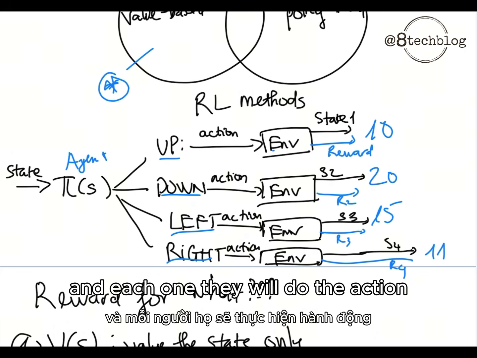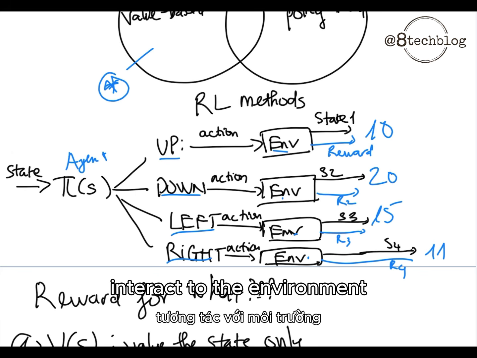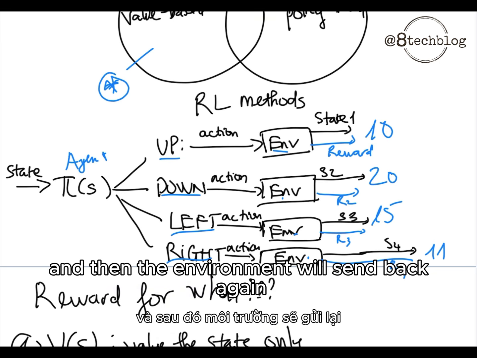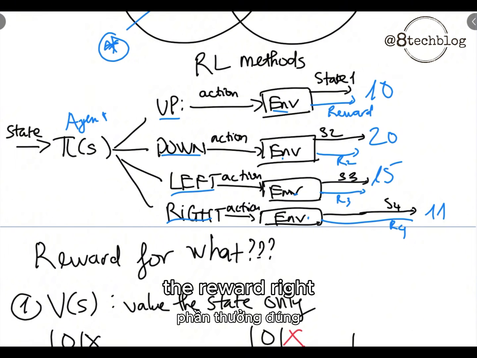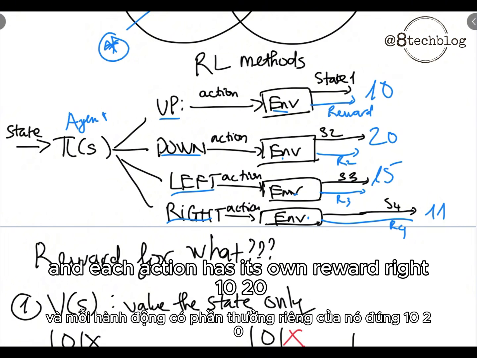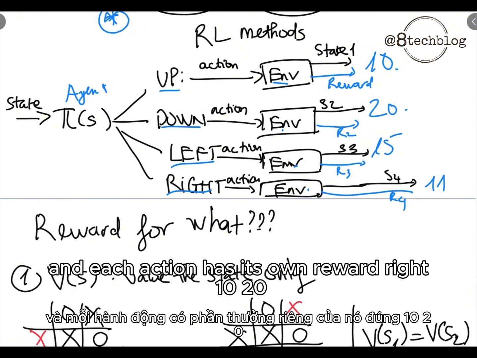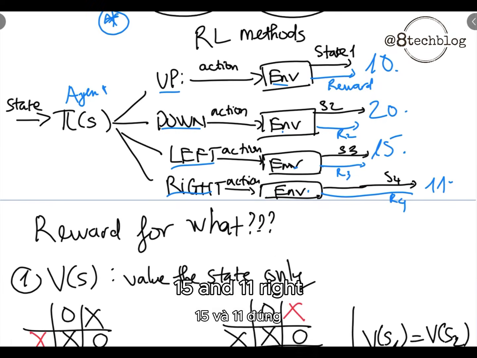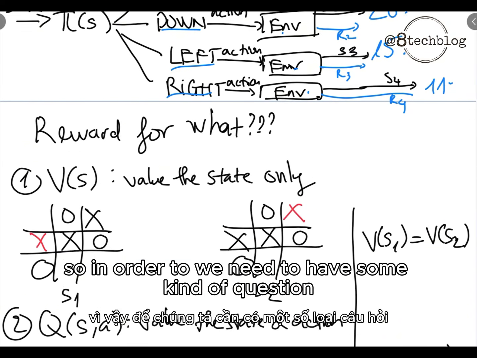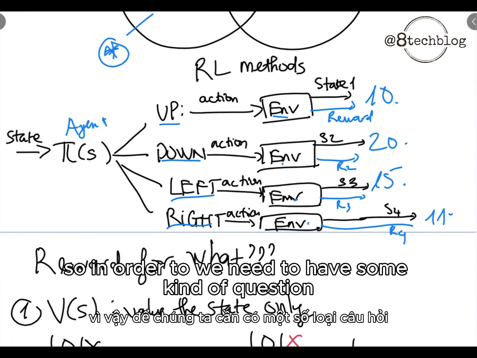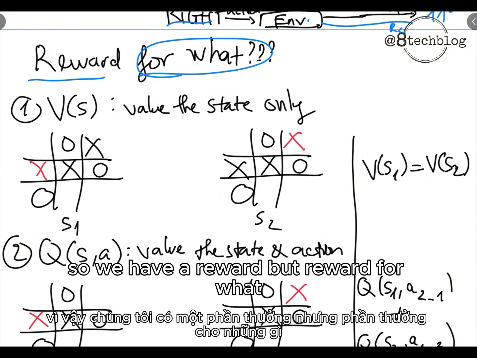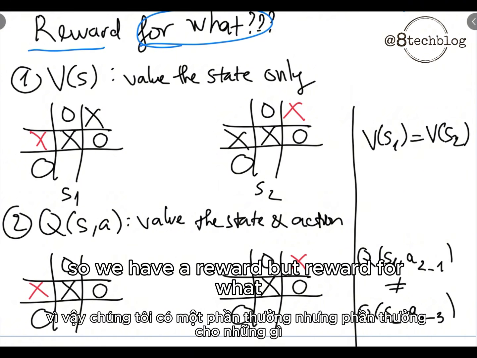And each one does the action, interacts with the environment, and then the environment sends back the state and the reward, and each action has its own reward, right? 10, 20, 15, and 11. So we need to have some kind of question. We have a reward, but reward for what?